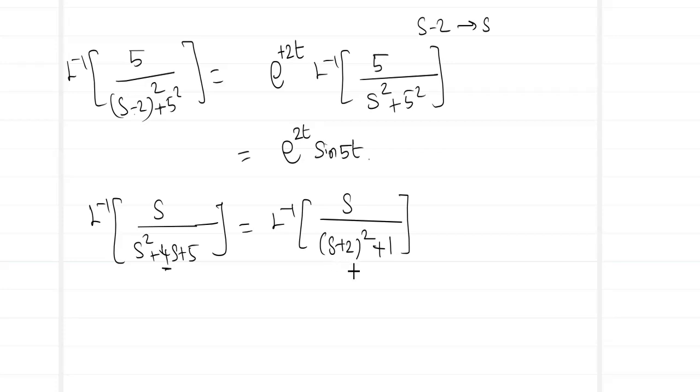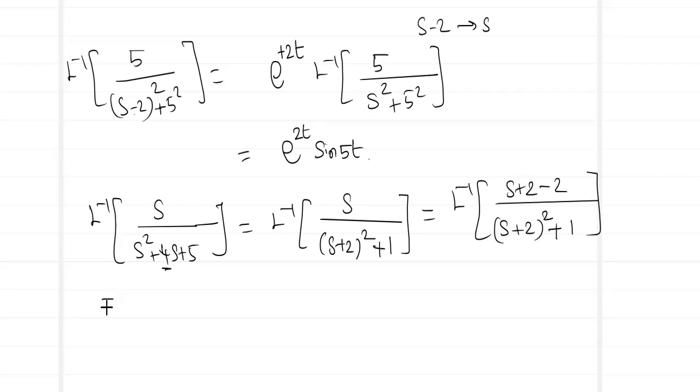Now, you can notice that if I want to shrink, then it must be s plus 2 for shrinking. But in the numerator, I have just an s. In order to balance, I add and subtract a 2 in my numerator. In which case, I make this s plus 2 minus 2 divided by s plus 2 the whole square plus 1.